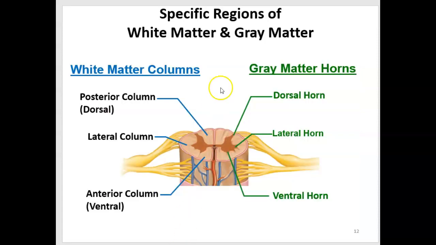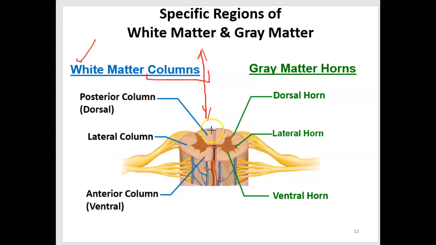Now the regions of white matter and gray matter in the spinal cord are subdivided into subregions. So let's talk about white matter first. White matter is subdivided into columns, and that reflects the fact that information is traveling superior or inferior, up and down.